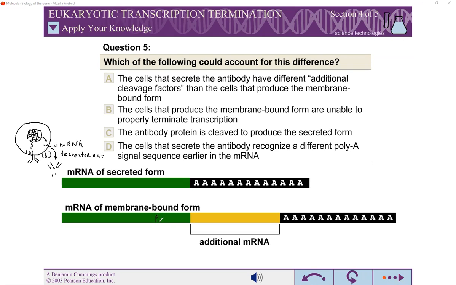One poly A signal sequence is present here, and another poly A signal sequence is present here.